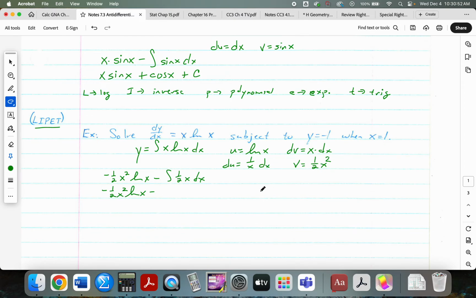That was 1/2 x squared, so this is going to be 1/4 of x squared, all plus c. In almost every problem, when you get to this taking the antiderivative stage, it's going to be the same antiderivative you were doing over here. Almost always.